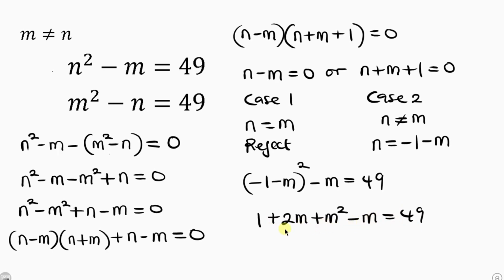So rearranging this into a quadratic equation, we have m squared plus m. Now moving this 49 to the left hand side, it becomes minus 49. So 1 minus 49 gives minus 48 equal to 0. So we have this nice quadratic equation that we're going to be solving on our next slide. Let's go ahead and do that.